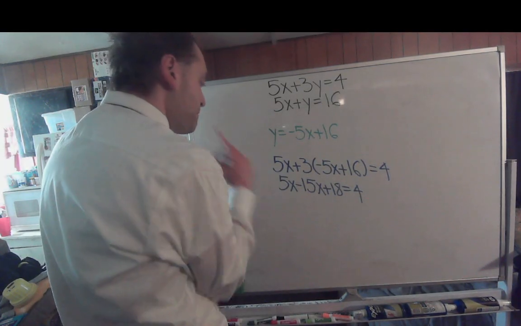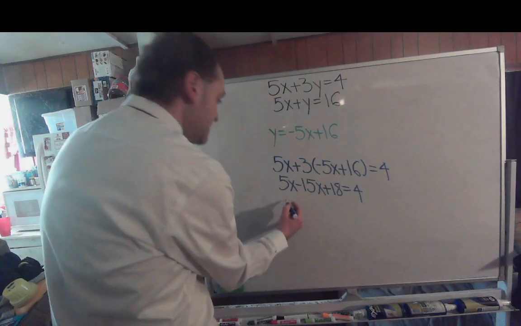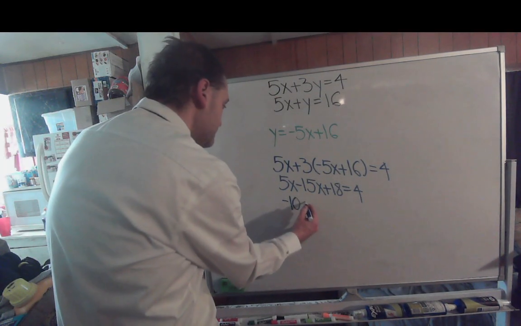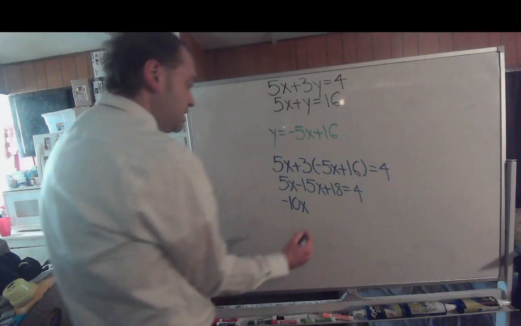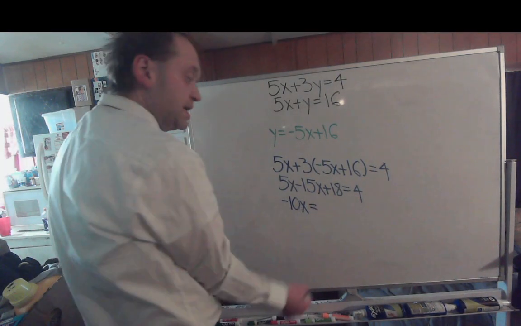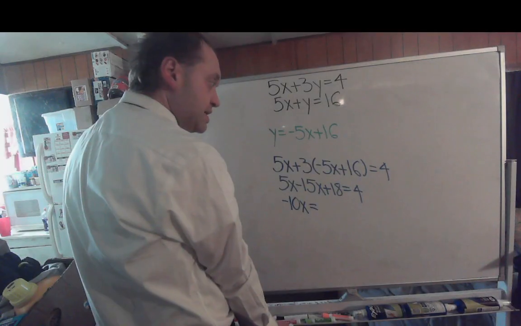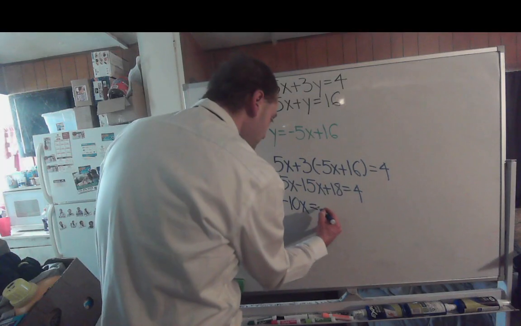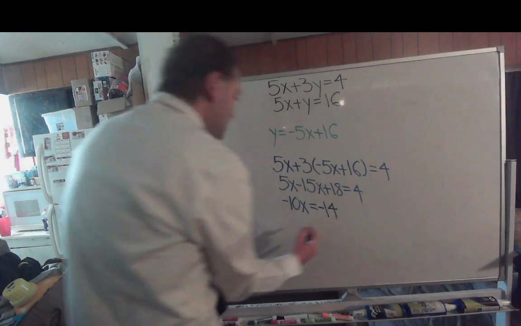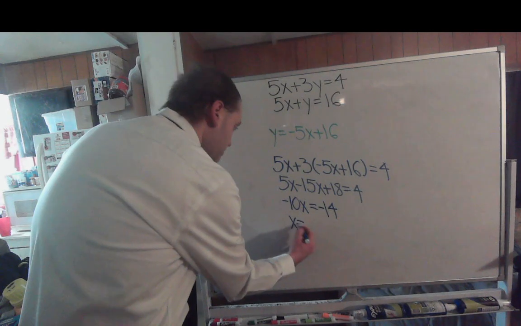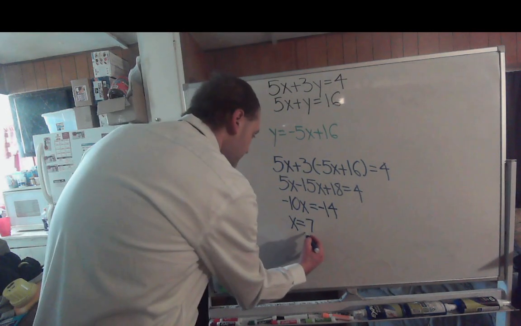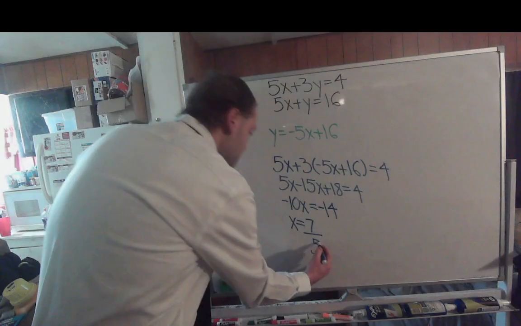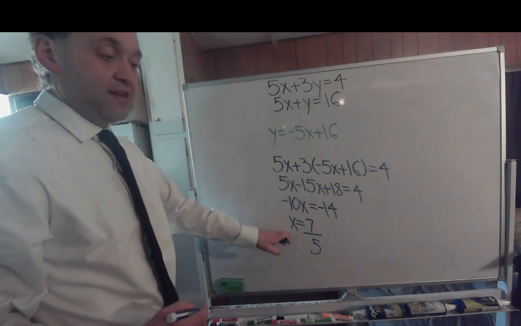Right, so then 5x minus 15x, that's negative 10x, which would end up equal 4 minus 18, which would be negative 14. Well, you would get an x value of 7/5. So we found the x coordinate to be 7/5.